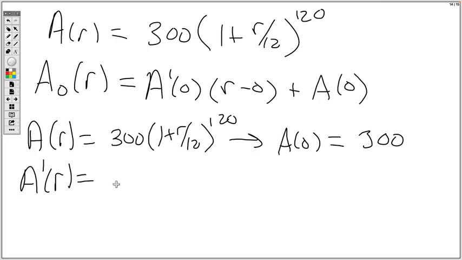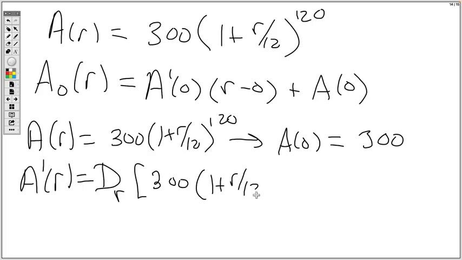Okay. Now let's look at A prime of r. So I need to take the derivative with respect to r of 300 times (1 plus r over 12) to the 120th power. So now we go back to our derivative properties. What can we do with the 300? Bring it out, 300.